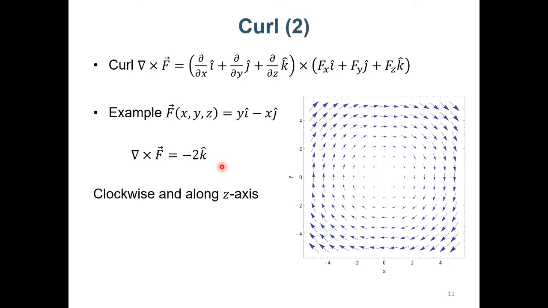Actually, they are all rotating. For example, if you have a current in a straight wire, then the B field tends to rotate around the wire also. So that's why I say magnetic field is much more difficult than the electric field.